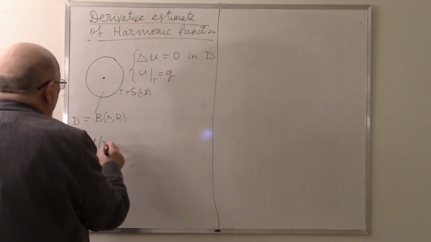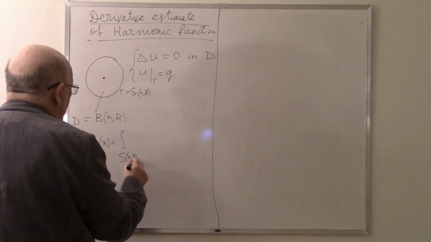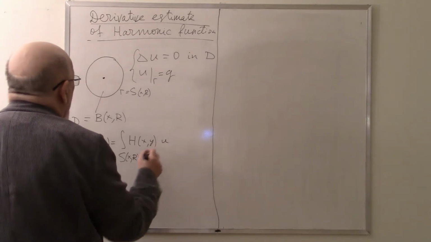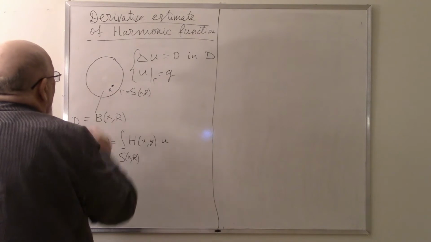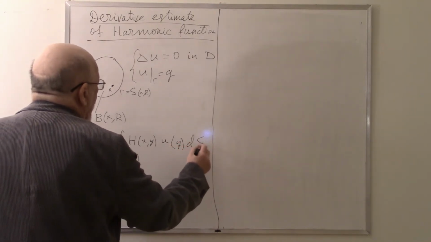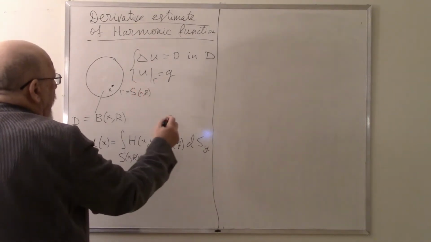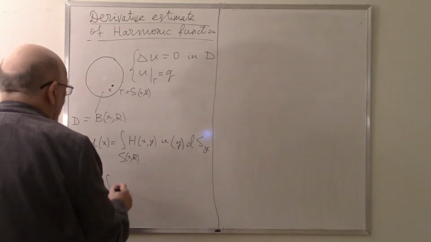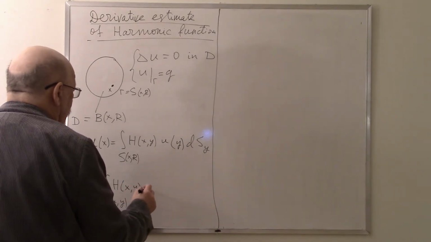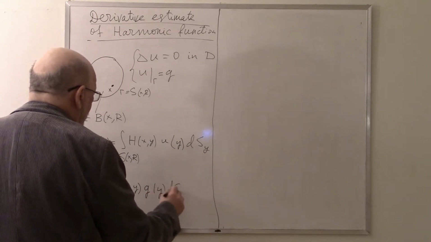It is u of x equals the integral over S(x, r) of h(x, y) u(y) dsy, which equals the integral over S(x, y) of h(x, y) g(y) dsy.